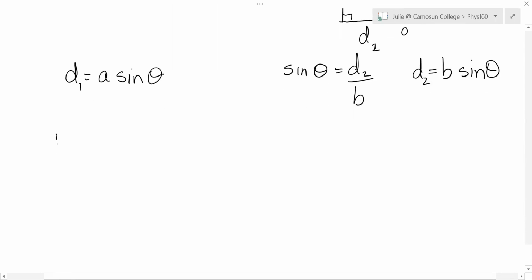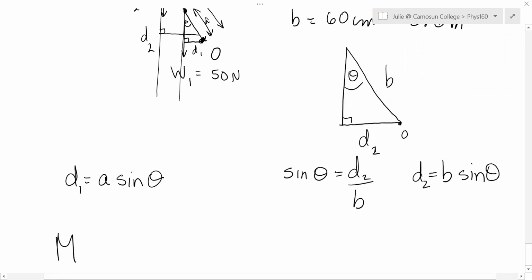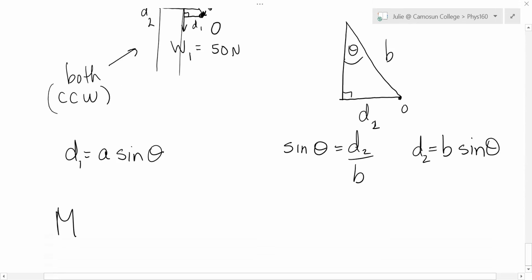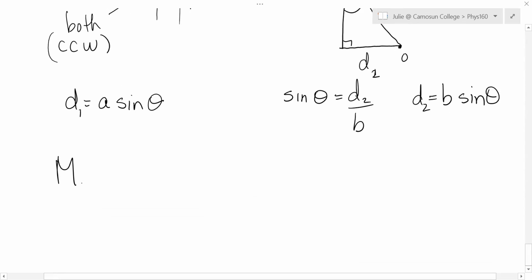And so now when you go to do the torque, first of all, they're both counterclockwise torques because they're trying to make your arm rotate counterclockwise. So these are both CCW, counterclockwise. So we add them together and the result's going to be counterclockwise.